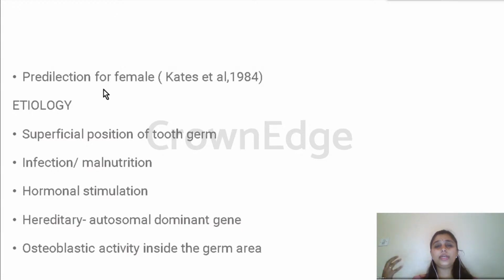Usually not the immediate parent, but some other relative in the family, such as the grandfather, would give you a history of natal or neonatal teeth, and that has been linked to the presence of an autosomal dominant gene. Or sometimes some authors attribute it to osteoblastic activity inside the tooth germ area. So these are the possible etiologies as to why you could have natal or neonatal teeth.